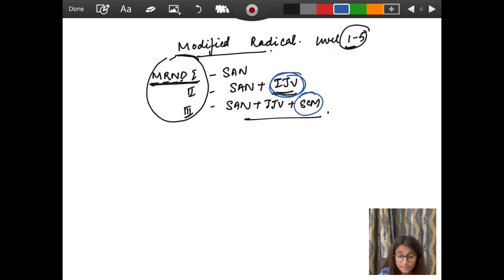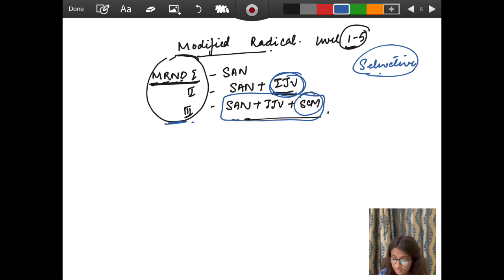So we preserve all the vital structures in MRND 3. In selective neck dissection we preserve all 3 of them also. What's the difference, we will discuss later. But MRND 3 is called a functional neck dissection and it was described by Bocca.